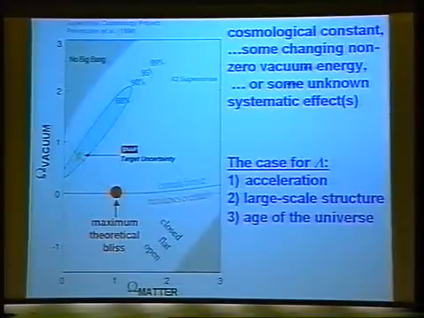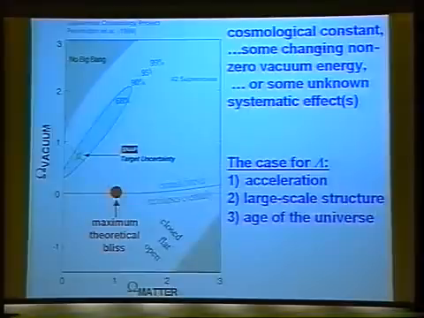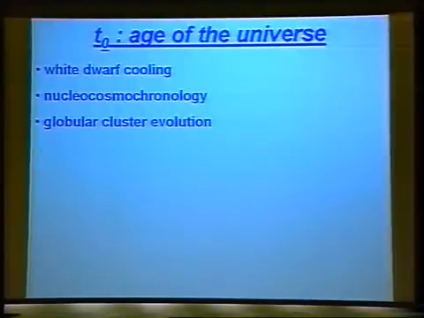There is also indirect evidence for a cosmological constant from determinations of the age of the universe. The age of the universe is estimated by looking at the cooling of white dwarfs. White dwarfs are old objects that cool slowly.